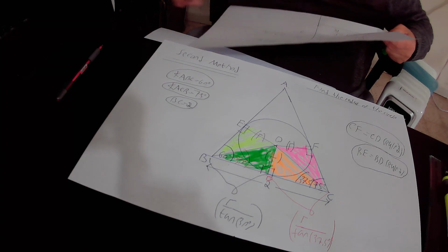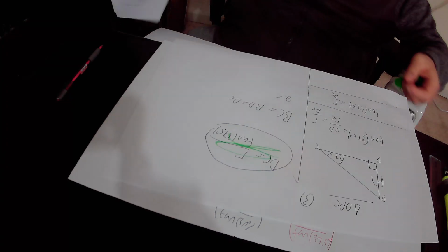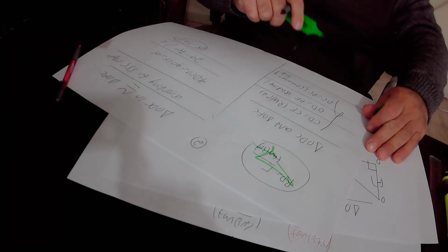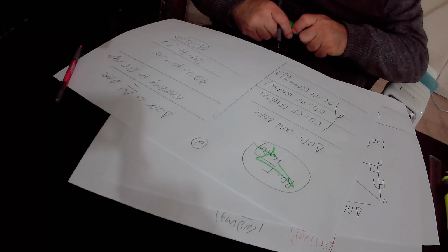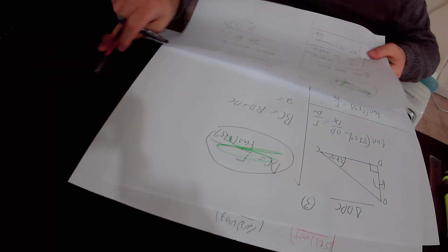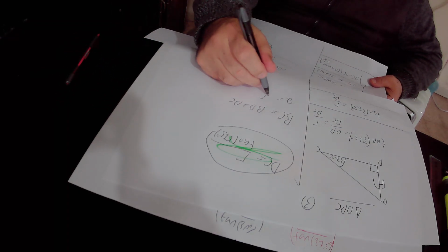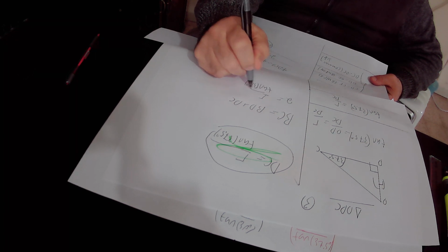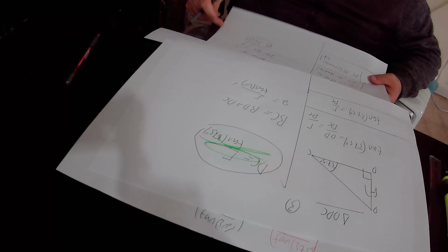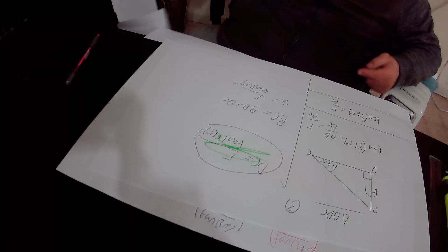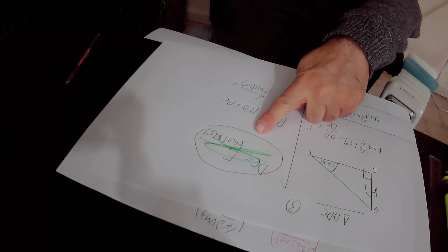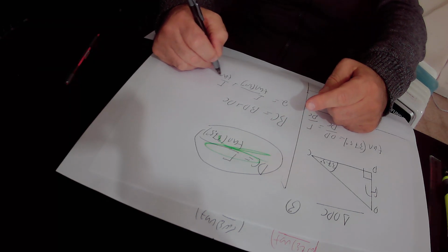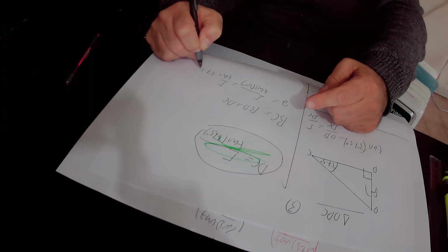We have already found that BD equals R over tangent 30 degrees, plus DC. We just found that DC equals R over tangent 37.5 degrees.